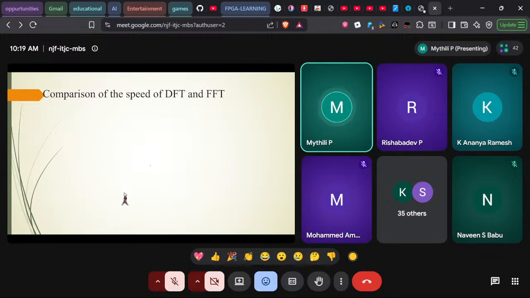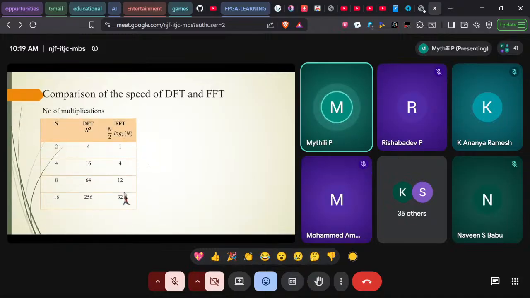Now the speed, how fast is this FFT compared to the normal computation of DFT? So you can see here, when n is 2, 4, 8, 16, in the case of DFT, for a 16 point, you need 256 multiplications, and in the case of FFT, you need only 32.